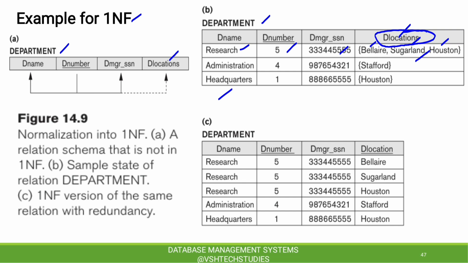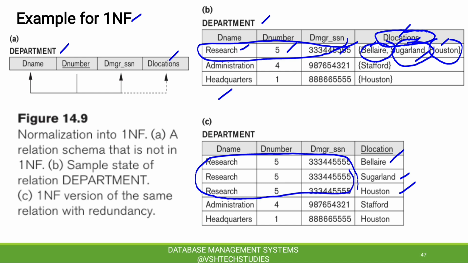To bring it to 1NF, for each value we have to write a tuple. This is the first value, for the second value another tuple, for the third value another tuple, with the other values remaining the same for all 3 locations. The next tuple is written Administration with its MGRSSN and Stafford, that is here. The next tuple is Headquarters, 1, this MGRSSN and Houston here.